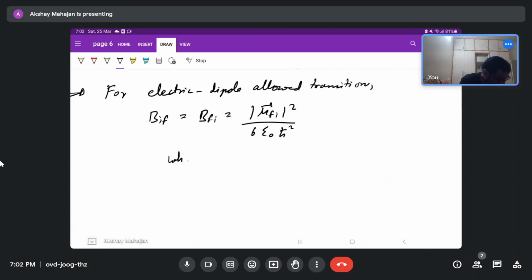And this vector mu_Fi that you might have seen is the transition dipole.